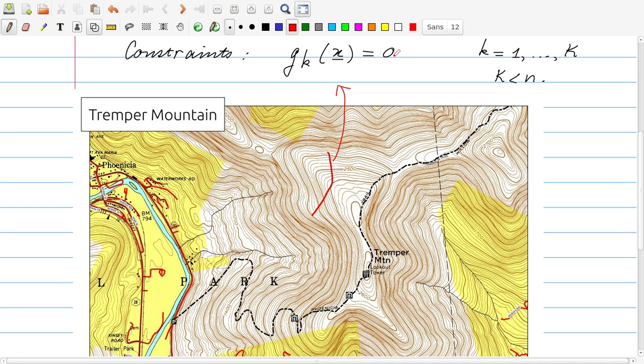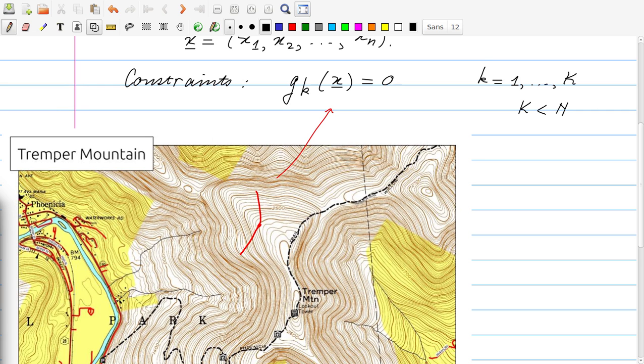And then I have an altitude function which is my function f, and I want to maximize that. And as we have seen, I can formulate the answer as well. The maximum height is achieved when the direction of the path is the same as the direction of the contour line at the point where I am here.